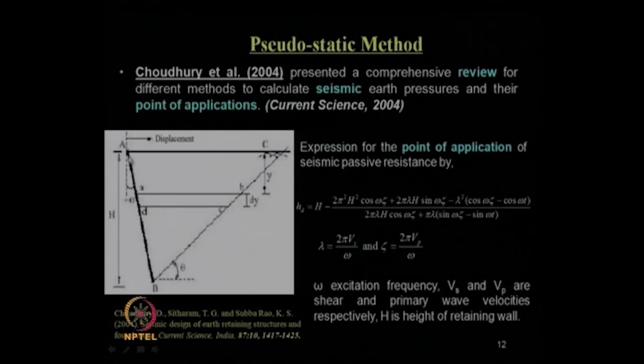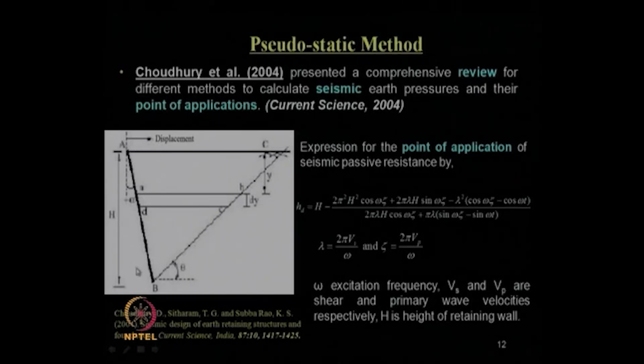So, what we did, we considered an inclined rigid wall section. This is the face of the wall, this is the ground surface, horizontal ground surface. For the passive state of earth pressure, that is why displacement of the wall is shown in this direction.